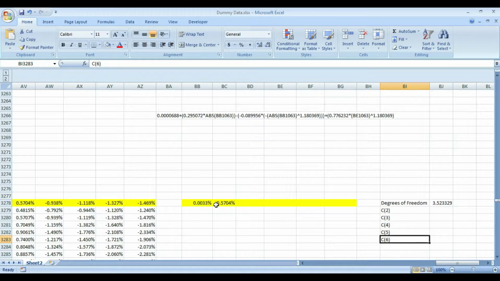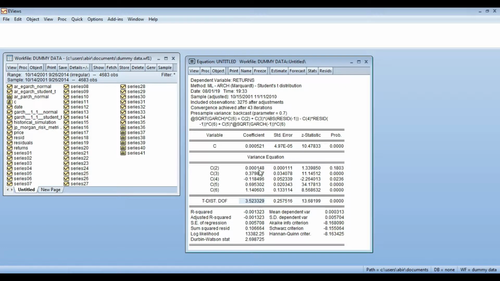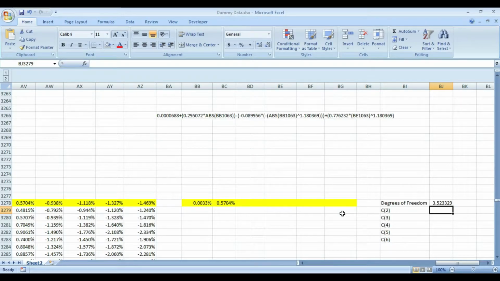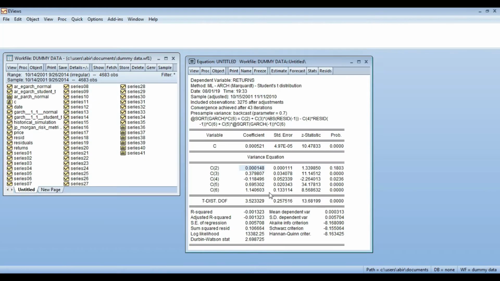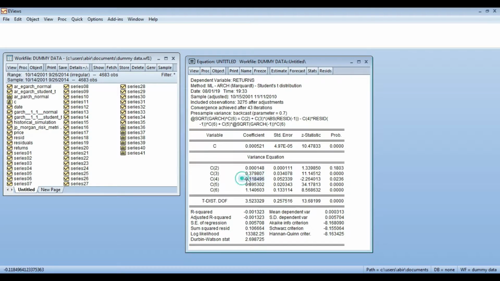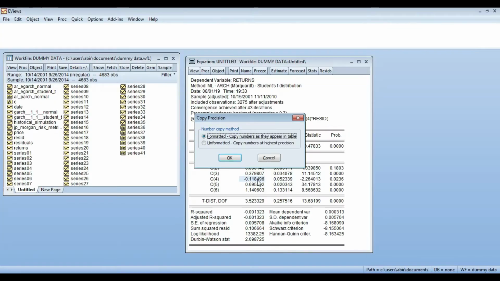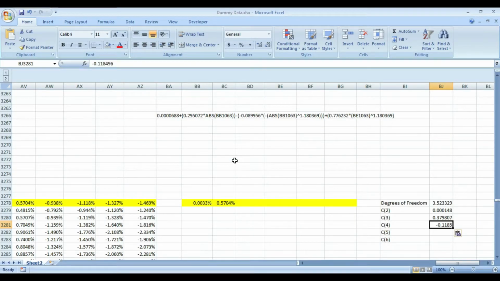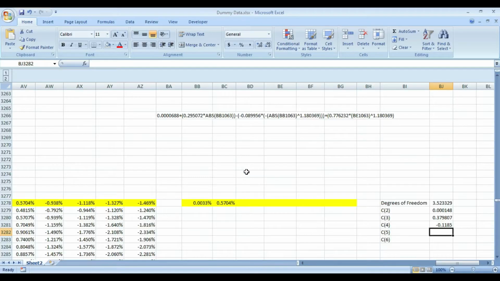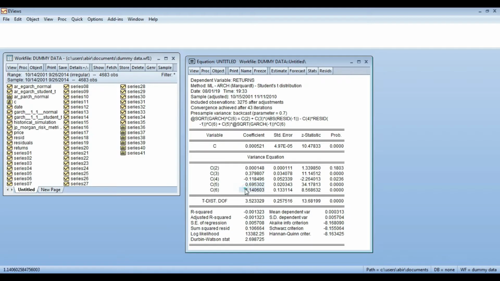Guys, there you go. Now you will simply need to copy the coefficients. This one, C2, then C3, then C4, then C5, and last one is C6.